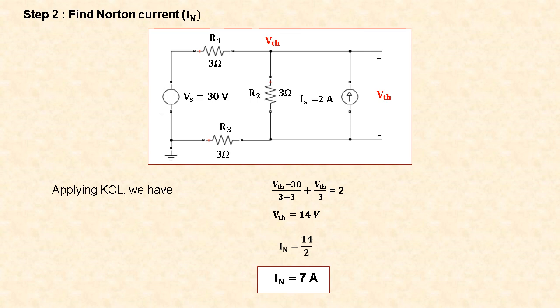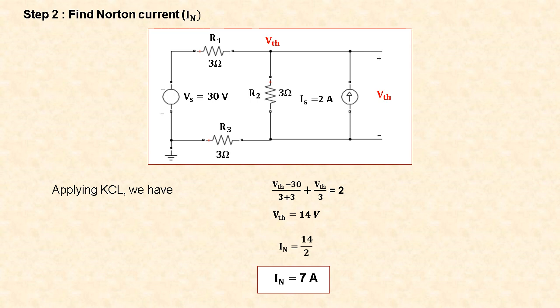Here the entering current to the node is 2 amps and the leaving currents are (Vth minus 30) by (3 plus 3) and Vth by 3. So according to Kirchhoff's current law, entering current 2 amps is equal to leaving current. So simplifying, we have Vth is equal to 14 volt.